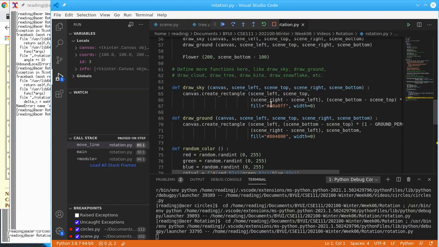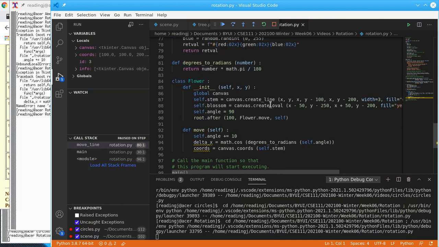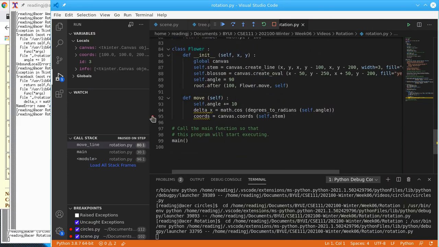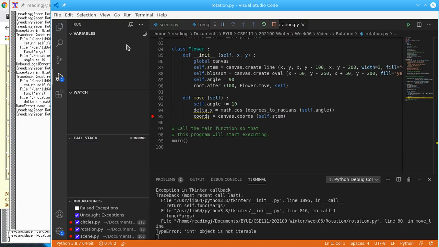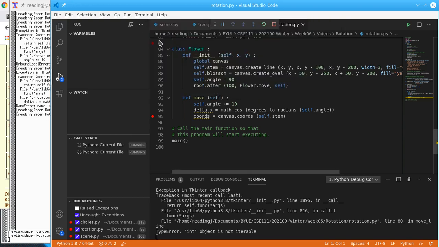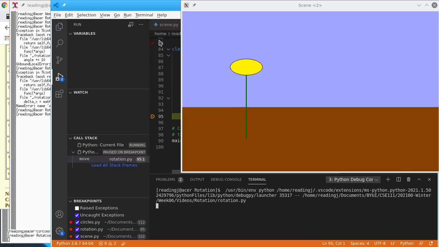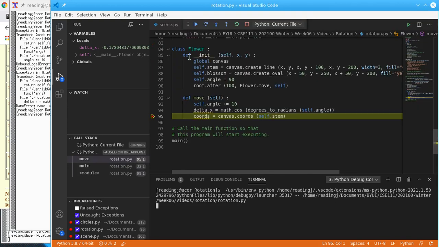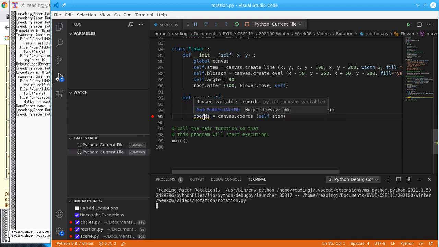Okay, now we can get down here to flower, and so if we stop there and we, whoops, what do you mean int error is not run? Start debugging, Python file. Okay, so now it's stopped at our breakpoint, and I need to step one more time, and it steps out, so I can't see chords. Oh, that's unfortunate.